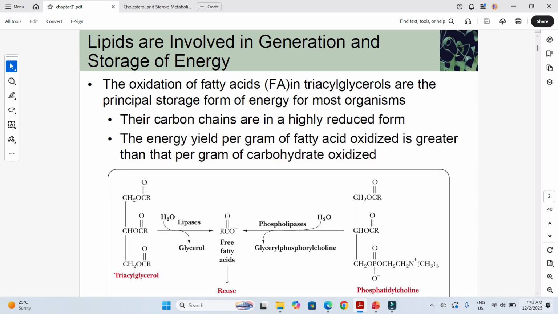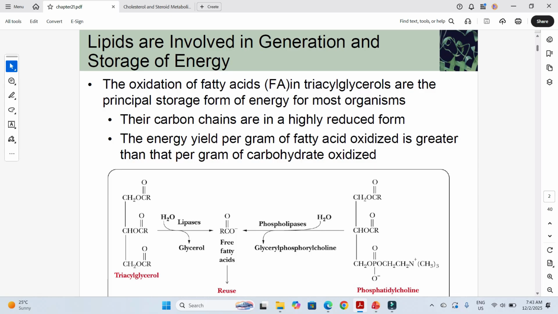Okay, so the first thing that we have to ask ourselves is how do we utilize fatty acids as an energy source? Remember, fatty acids are primarily stored in the form of triacylglycerols, or as we also prefer to call them, triglycerides.